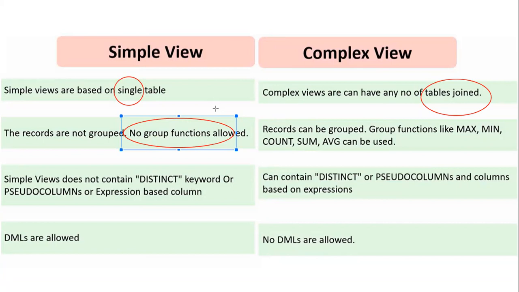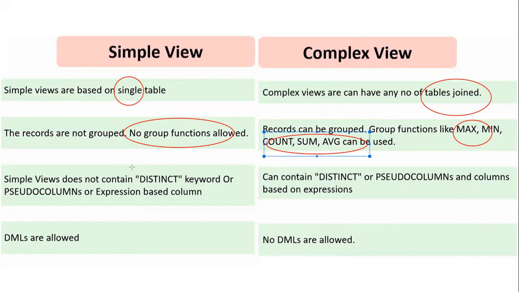If you say I have used some group functions like maximum, minimum, count, sum, average, then that is a complex view. Let's say you are using multiple tables but no group functions, then obviously it will not be a simple view, because you must make sure it has a single table and no group functions are allowed.